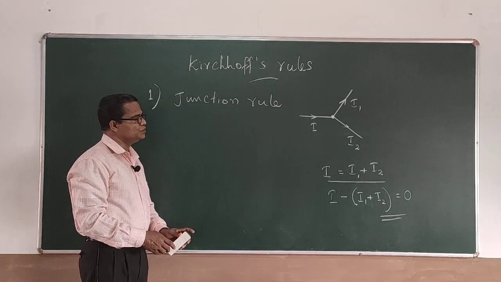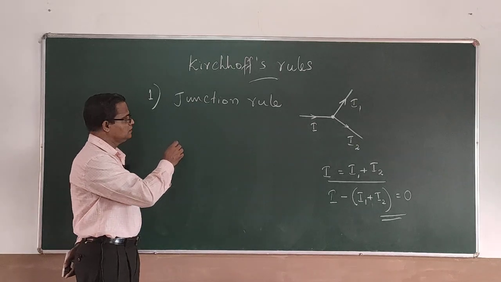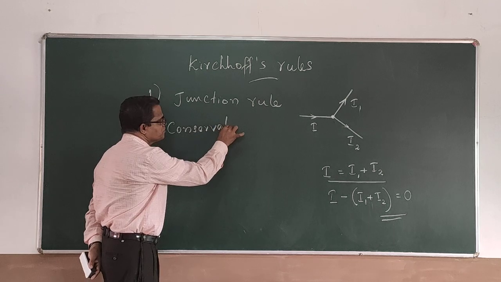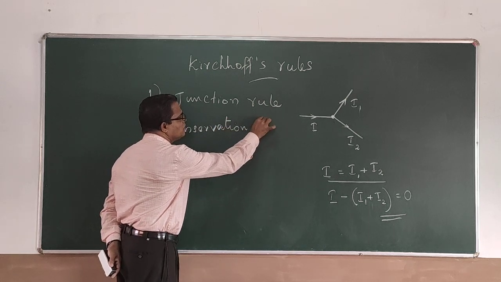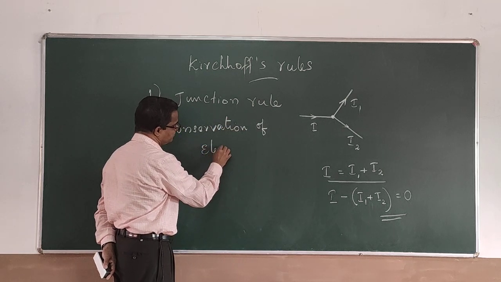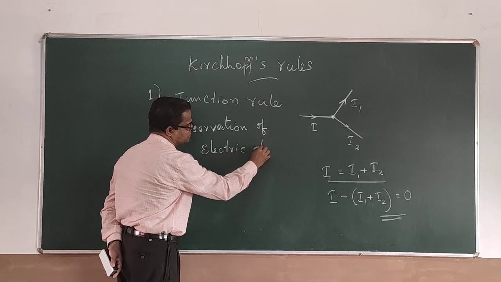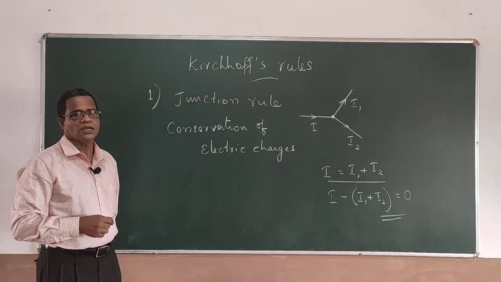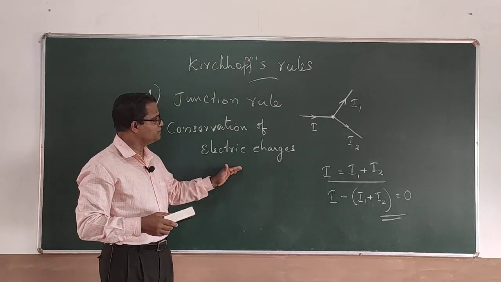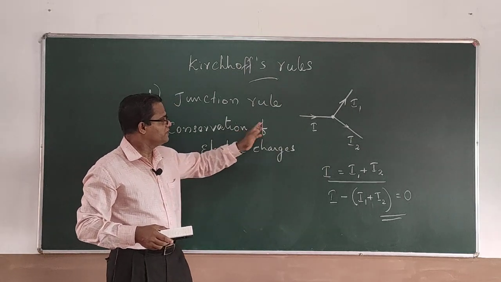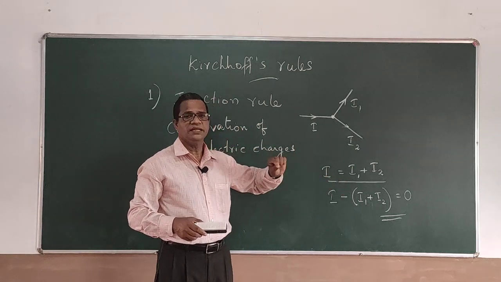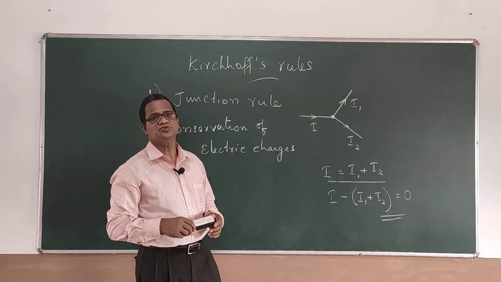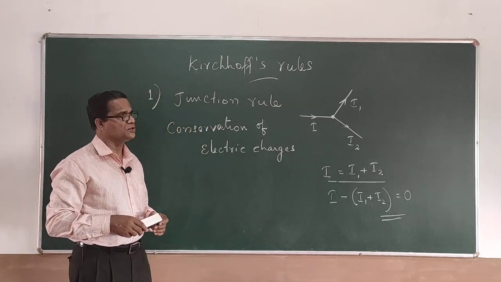And this junction rule is based on conservation of electric charge. So, based on that conservation of electric charge, here I reach this conclusion that at any junction of an electric circuit, the algebraic sum of the currents meeting at that junction will be 0.